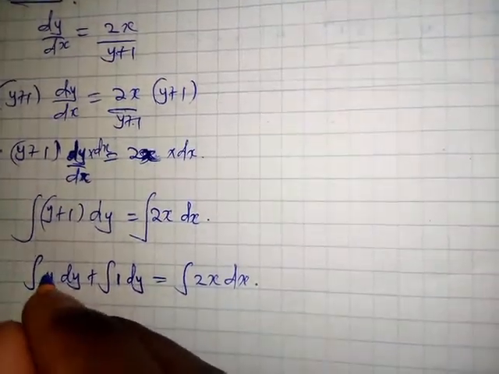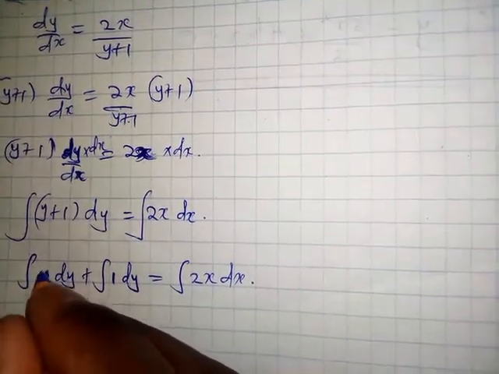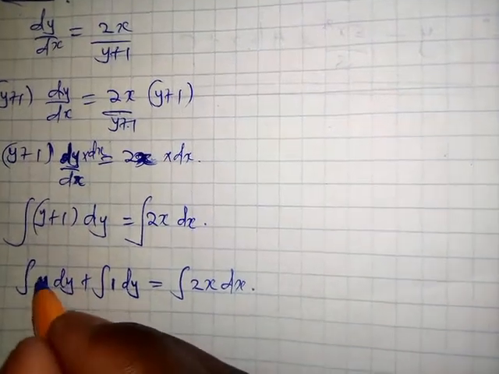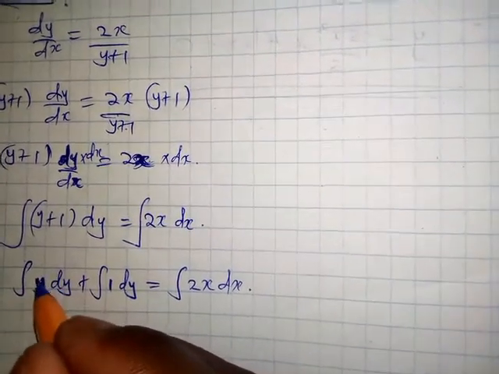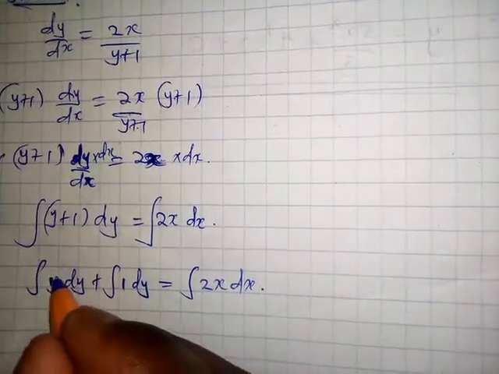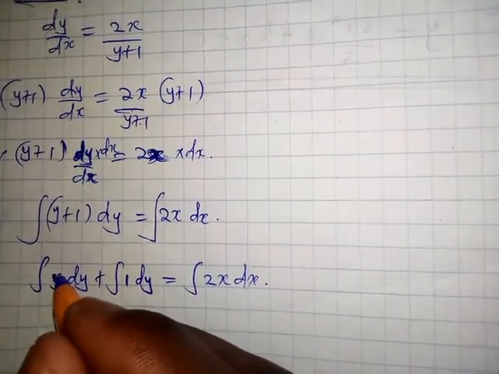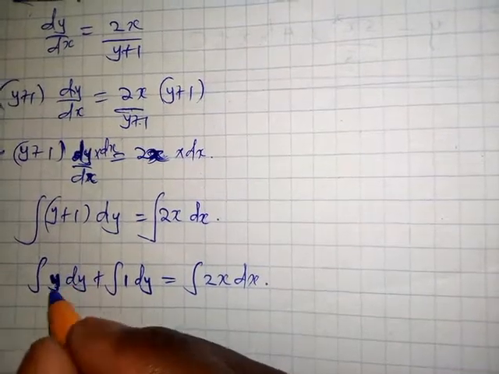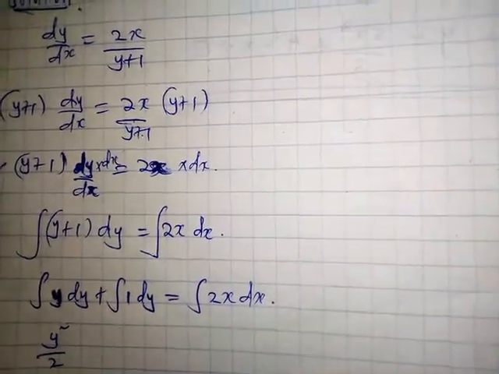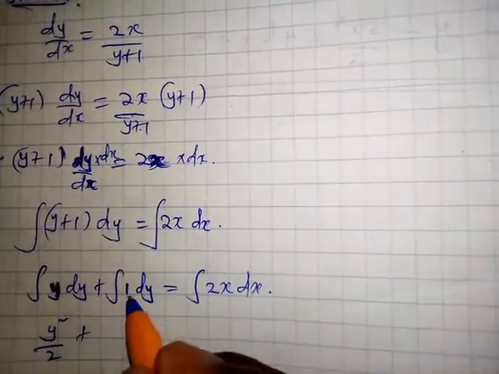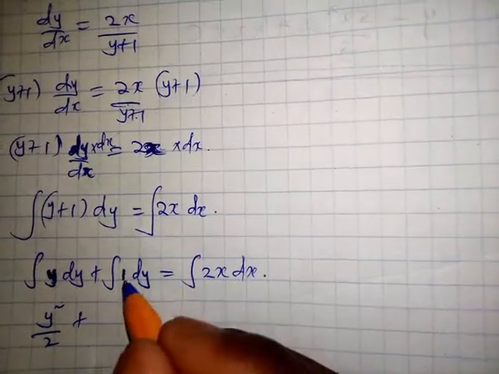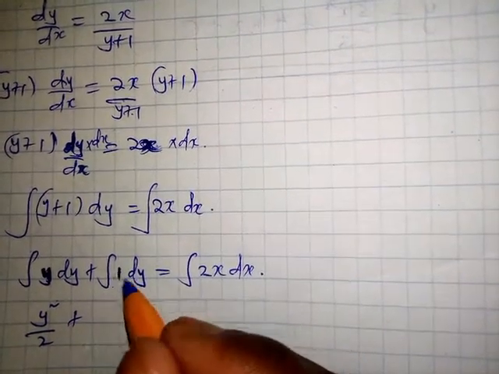So the power of y is 1, so since we are integrating, we increase the power by 1, then we divide by the resulting power. So the power of y is 1, we increase it by 1 to get 2, and we divide by 2, so it will be y squared over 2 plus, remember the integral of 1 is a constant, so the power of y here is 0.